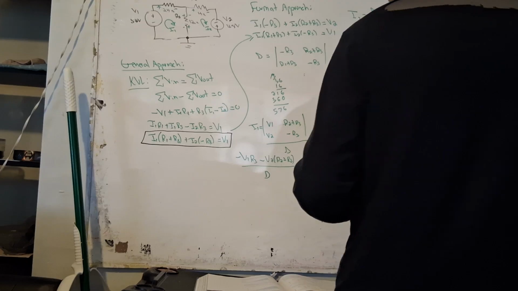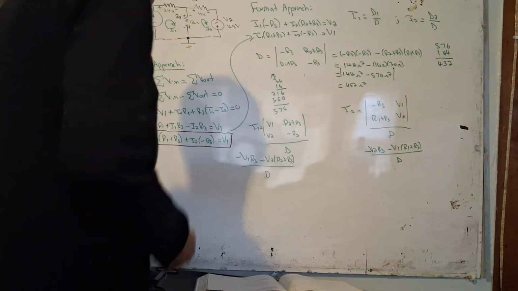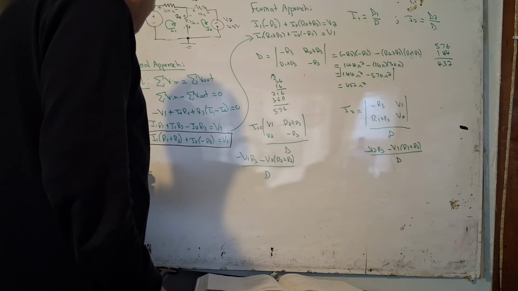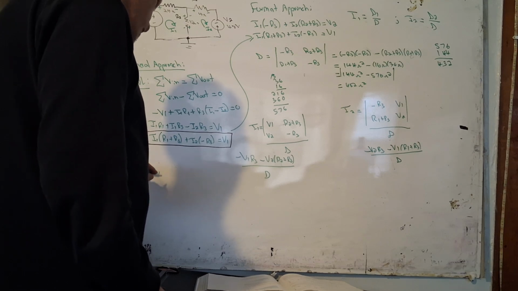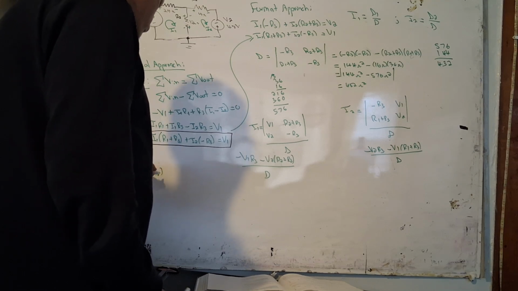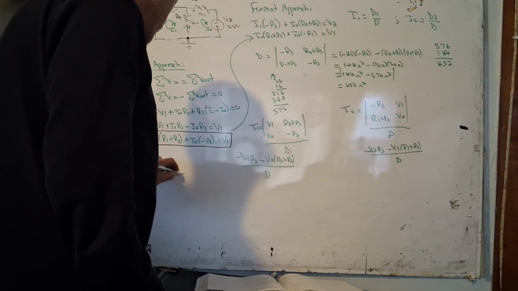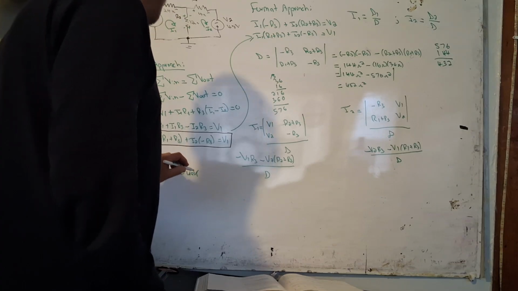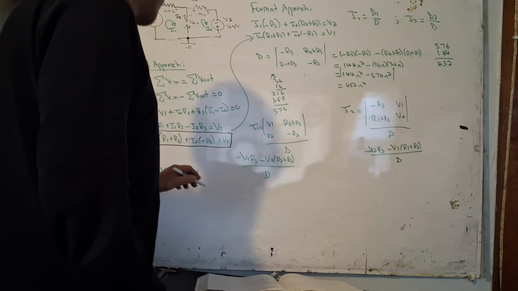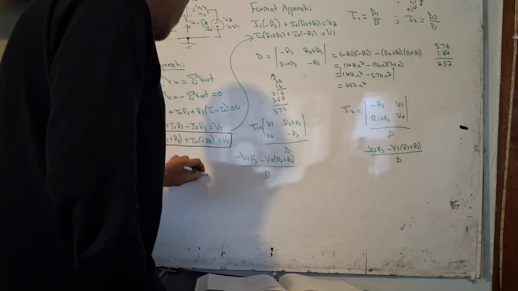V1 is, let's write this out here, negative 54 volts times R3, which is 12 ohms. And we're going to minus V2, which is 48 volts. And then we're going to add these two values, R2 and R3, which is 16 ohms.